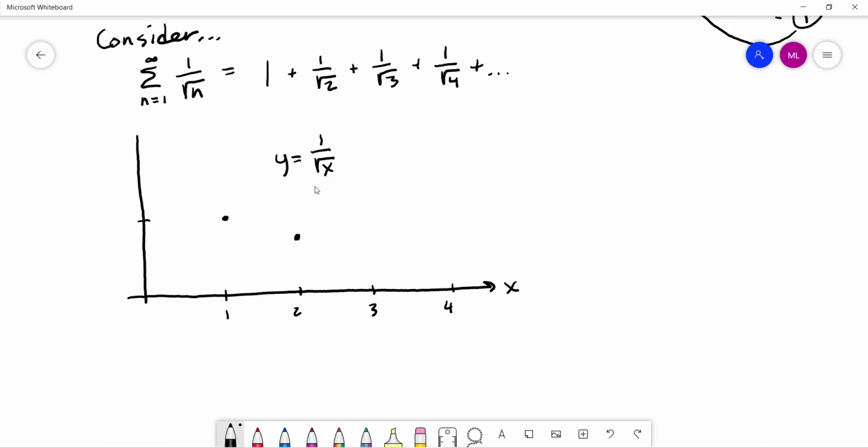1 over root 3, so root 3 over 3. Root 3 is like 1.7-ish. If we divide that by 3, we'll be down at like 0.6-ish, a little less. So it's going to be down here maybe. Same thing when I finally get to 1 over root 4. That's the same as a half. This will be down to a height of a half.